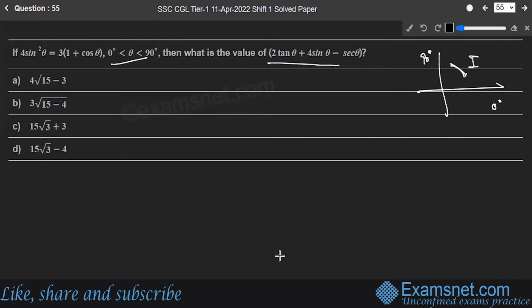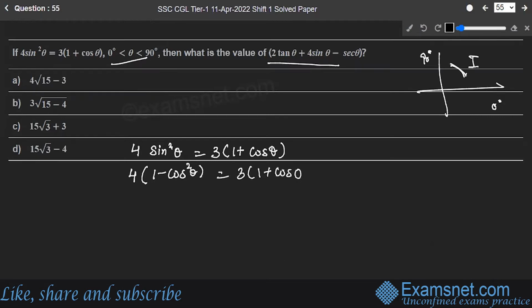So we'll start from here, what we are given in the question. 4 sine square theta is equal to 3 into 1 plus cos theta, correct? I'll write sine square theta as 1 minus cos square theta, using the identity 1 is equal to sine square theta plus cos square theta.